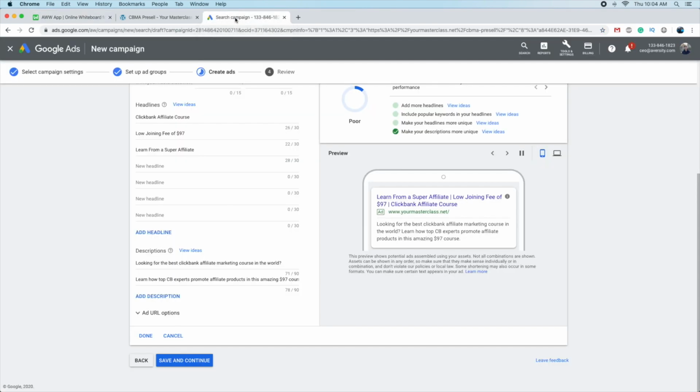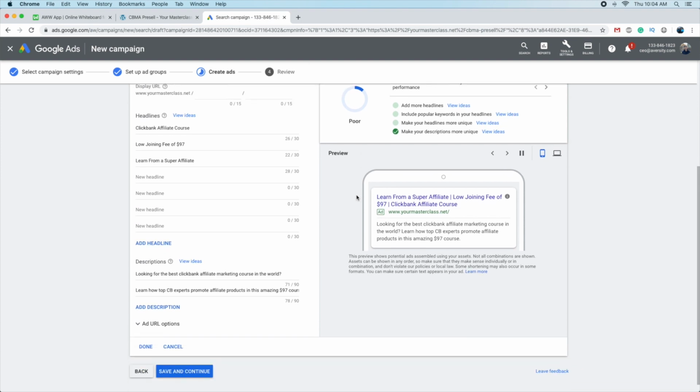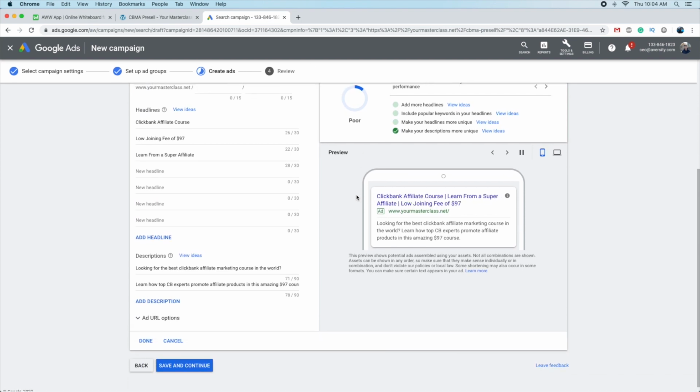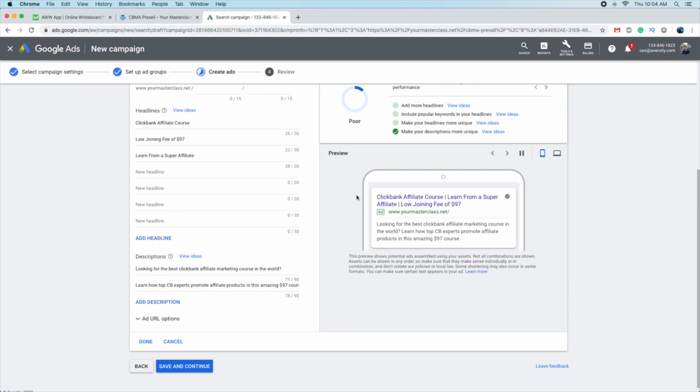I'm not going to get into details of Google advertising because that's for another video, but what I want to show you is what I call filtering. Pay attention, this is the most important thing. This is actually a negative thing on your ad. What it does is it brings down your click-through rate.